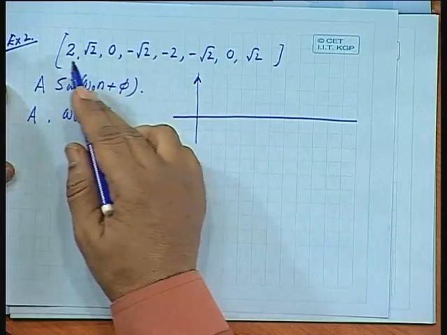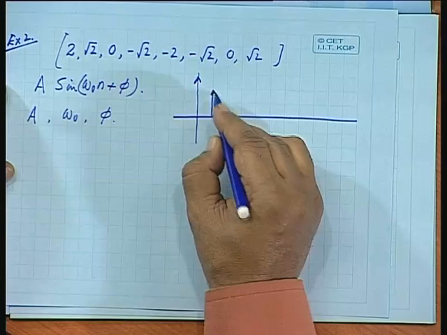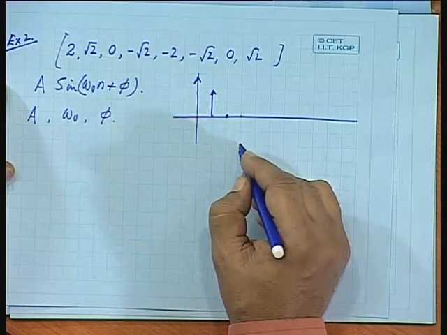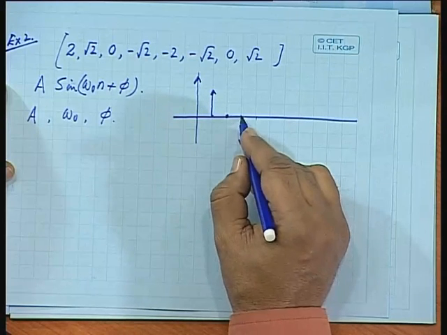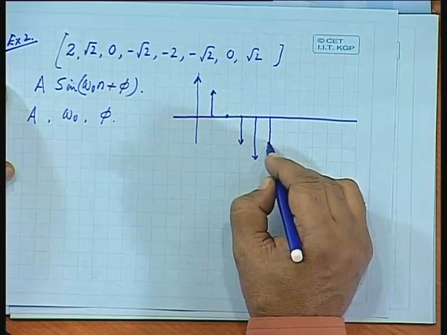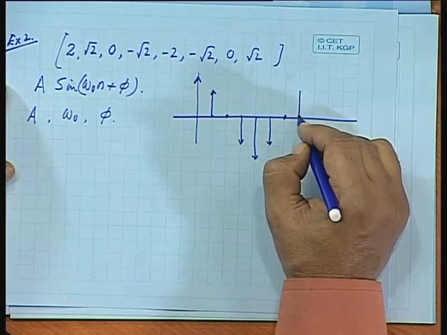Let me see, first of all, this set of values. First one is 2, next one is root 2, next one is 0, next one is minus root 2, then minus 2, then again minus root 2, then 0, then root 2.